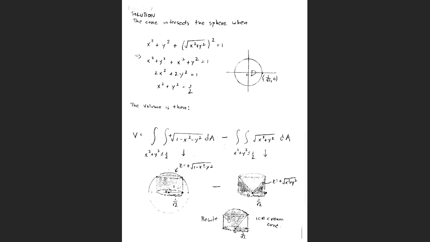So the cone and the sphere intersect in the circle x squared plus y squared equals a half. That's a circle of radius 1 over root 2, centered at the origin there. Let me give you a moment to catch up here, okay? Let me know if you have any questions.